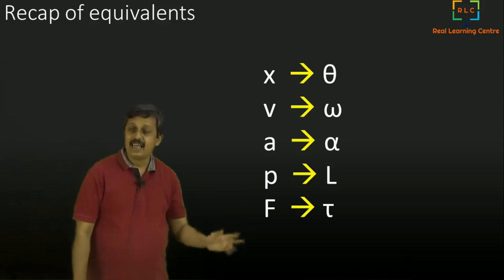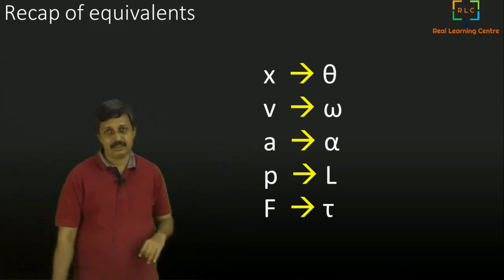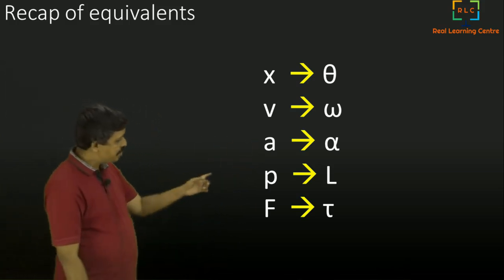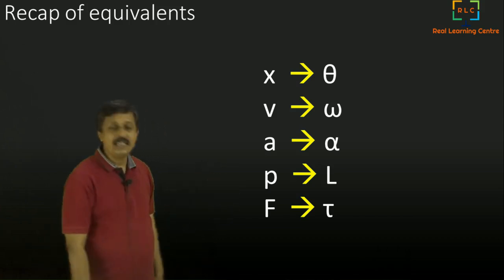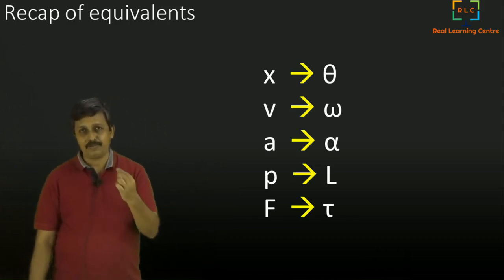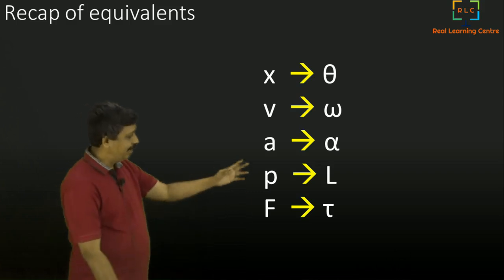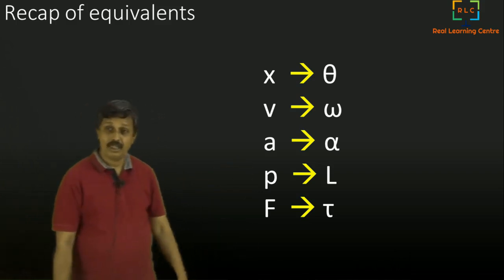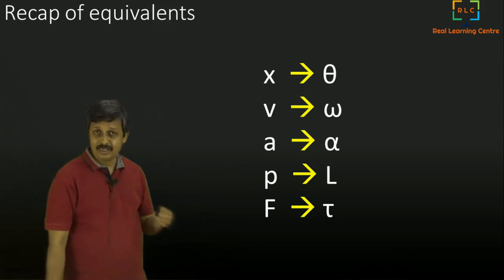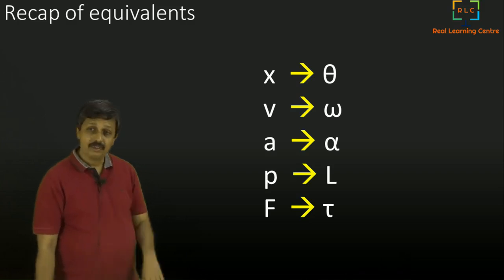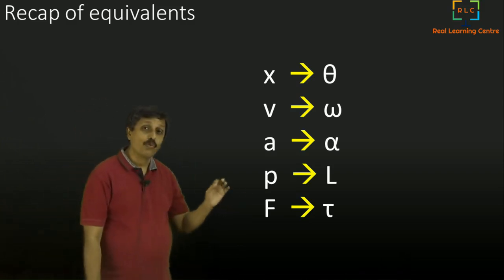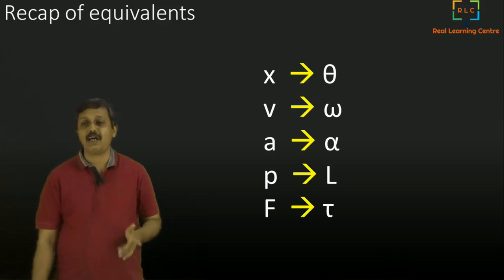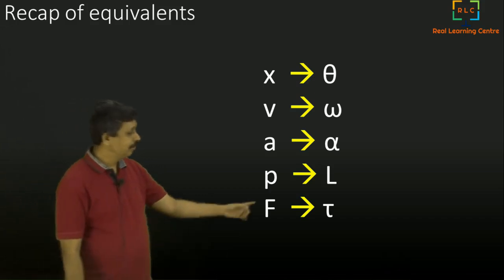Acceleration a corresponds to alpha, the angular acceleration. Similarly, p is our regular linear momentum, and L is the angular momentum. F is the force used in translational motion, and we call the torque tau. Torque symbol is tau.